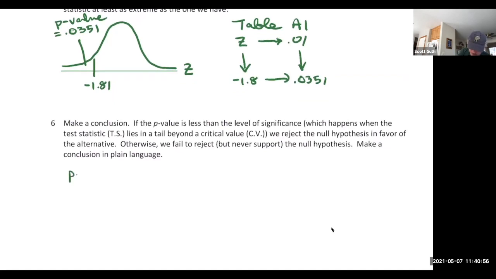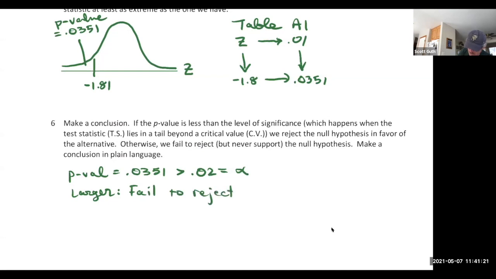So our p-value is 0.0351, which is bigger than our 0.02 level of significance, our alpha, which means if it's larger, we fail to reject the null hypothesis, which means we don't support the alternative, H1.